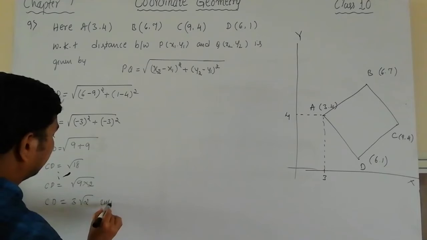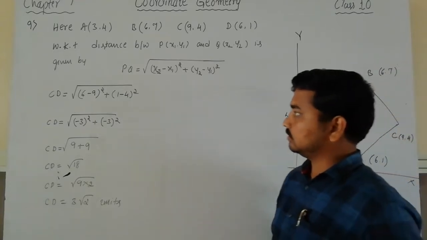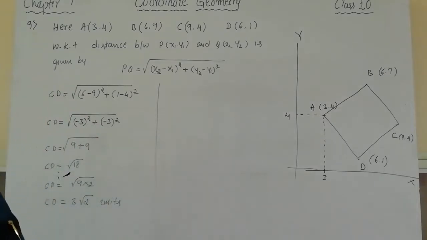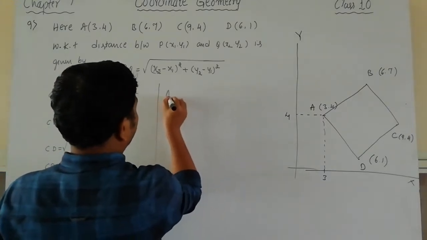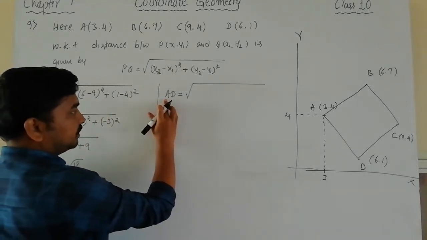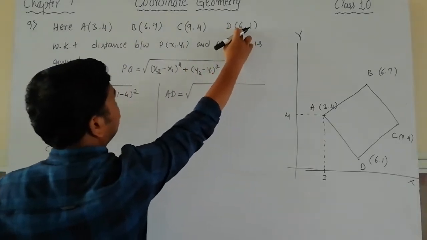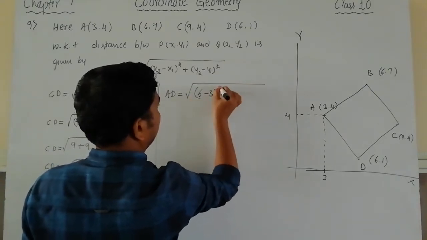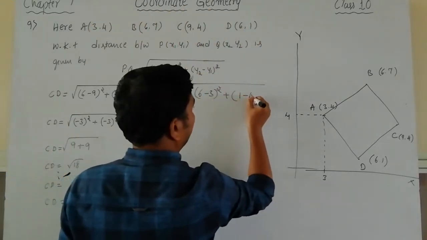I forgot to write the units for the last two values, so write down units: 3 root 2 units. In the same sense, for the last one AD, or else you can calculate DA also. Even if you calculate DA, you will get the same answer. I am going to calculate AD. AD is equal to square root of, A is x1 y1, D is x2 y2, x2 minus x1, 6 minus 3 whole square, and then plus y2 minus y1, 1 minus 4 whole square.